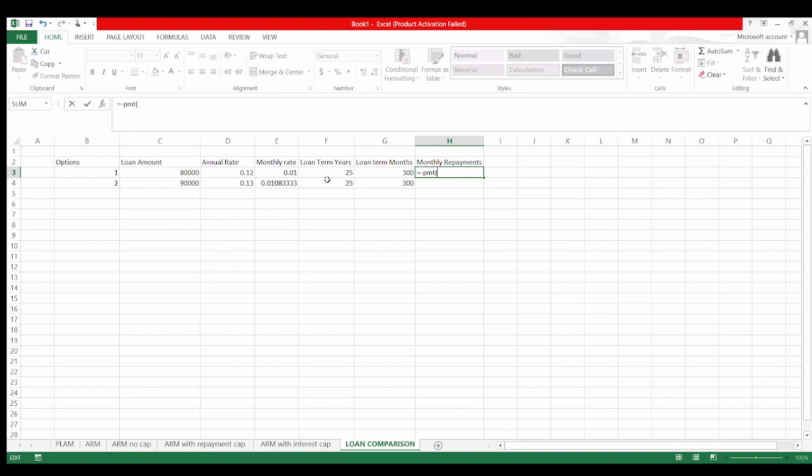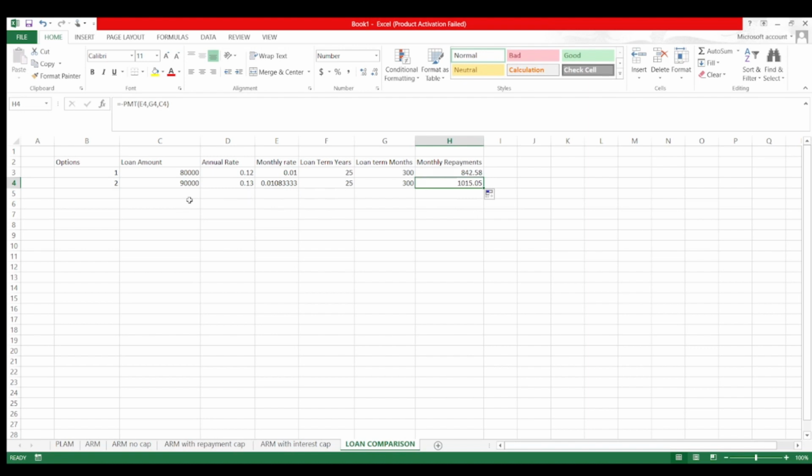We take the rate, which is the monthly rate, comma, total number of periods, and the loan amount. Then close the brackets, press enter. This amount you can even leave in number format. That's the monthly repayment, and this is the monthly repayment for the 90,000 loan.